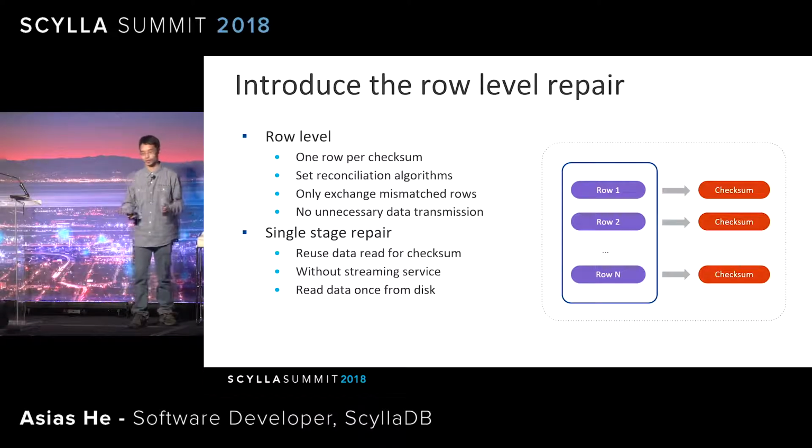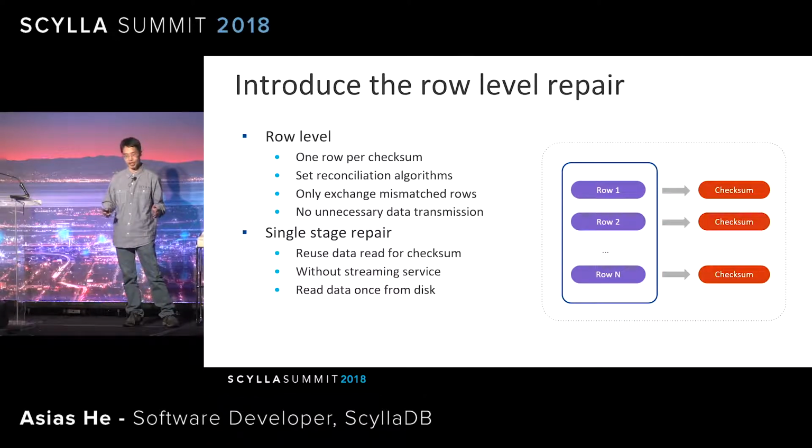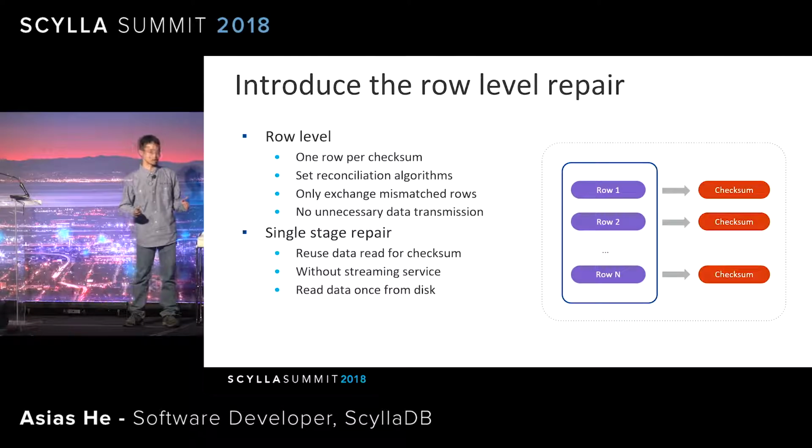Now I would like to introduce a new repair. It's called row level repair. With it, we do one row per checksum. And we also use a set reconciliation algorithm to find the exact mismatch and only exchange the mismatches over the wire.